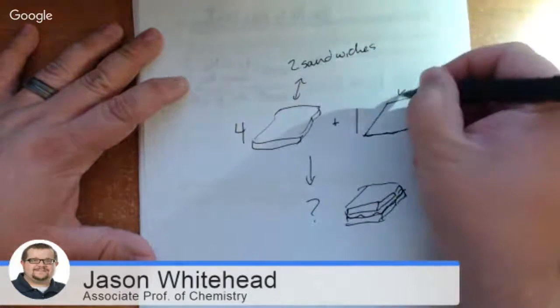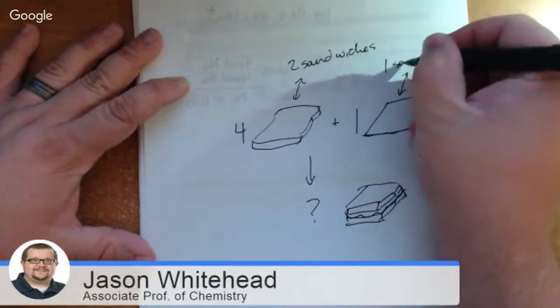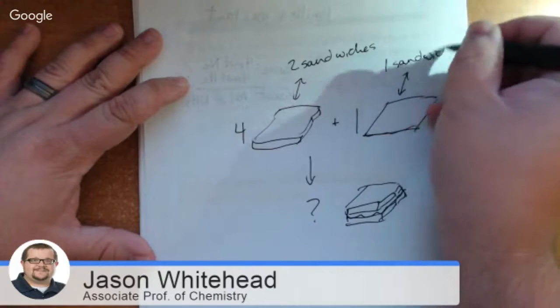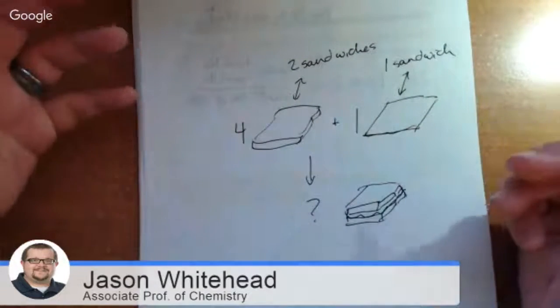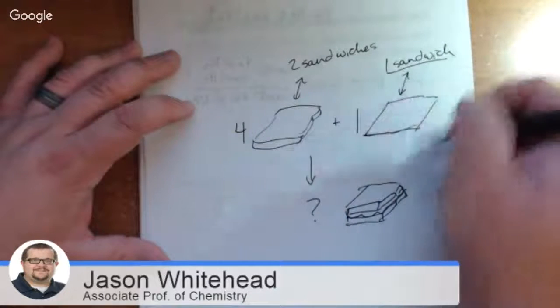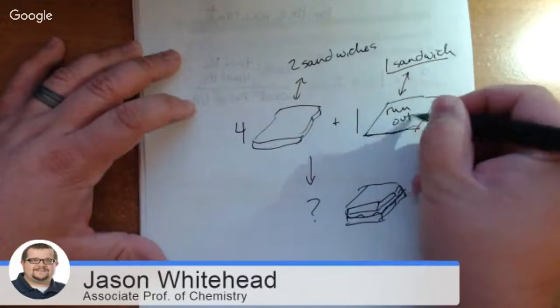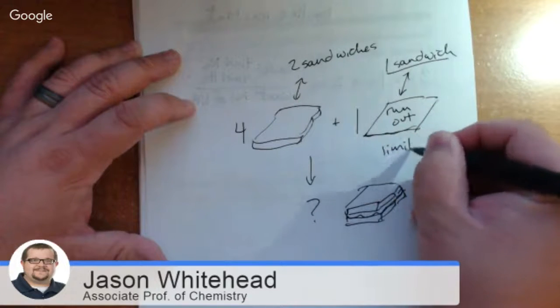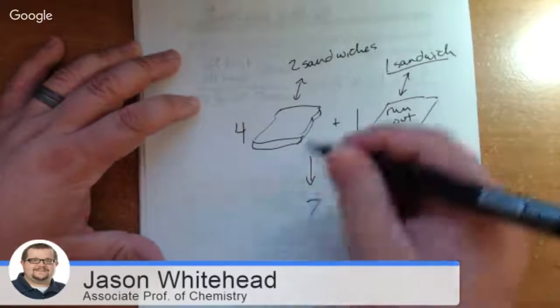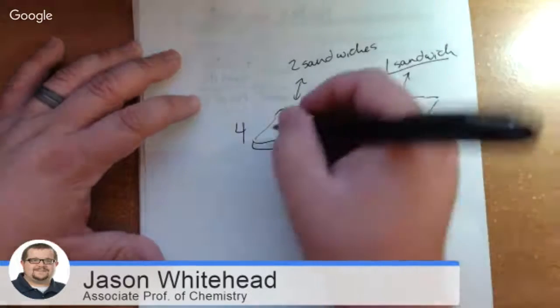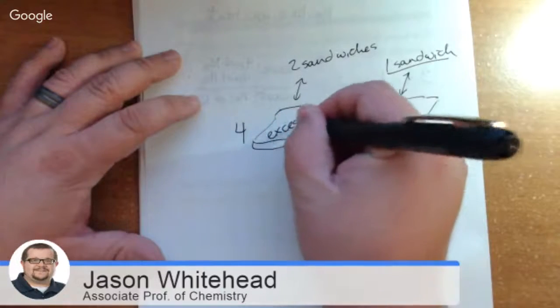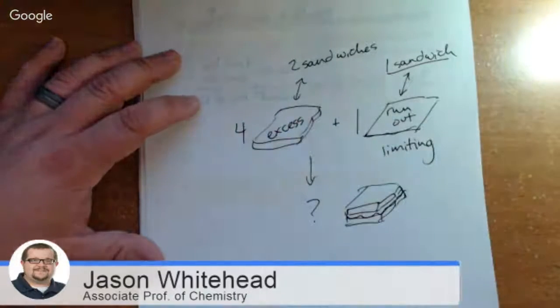I've got enough cheese to make 1 sandwich. But when you look in reality, what can I actually make? I can only make 1 sandwich. And why? Because I'm going to run out of cheese. That means my cheese is limiting. I have extra bread. I have 2 extra slices of bread. So we could say that our bread is in excess.